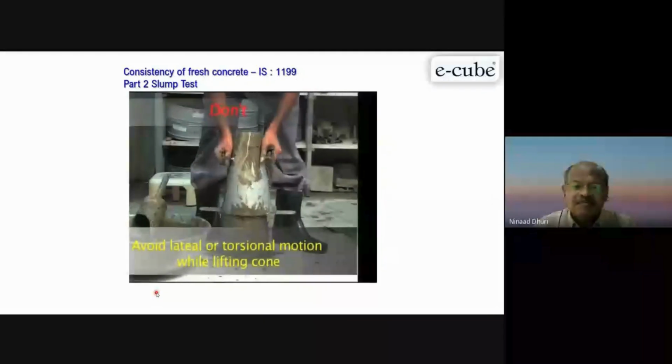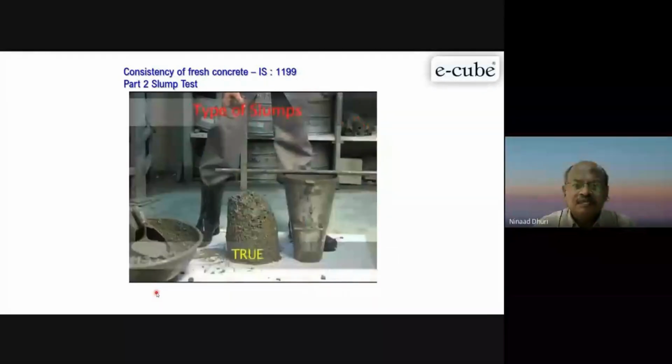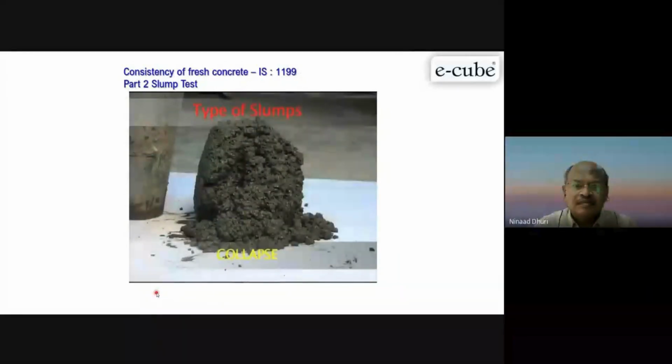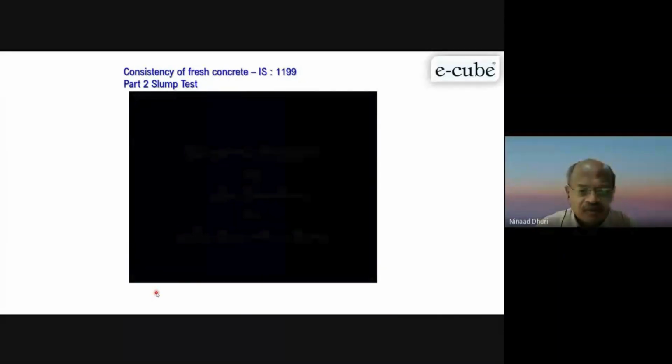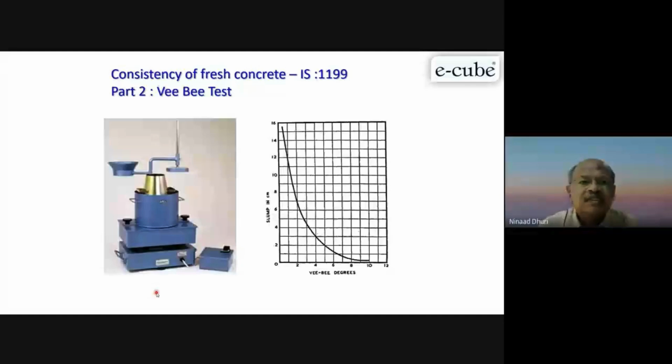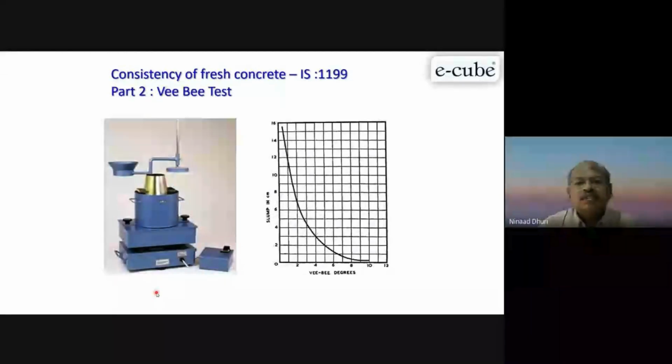Torsion motion. Now this video is available on our website. Anybody who wants can upload it because we have prepared this video for engineers. You can go for this. So here one or two points are very critical.